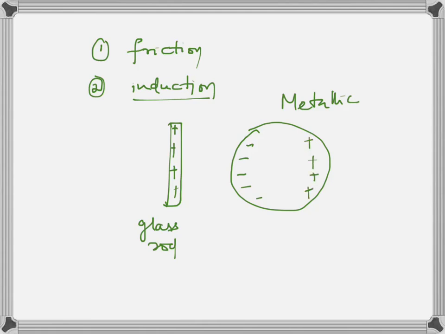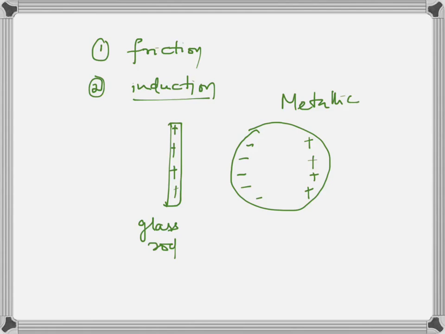So there is a forcible separation of charges in a metal when you bring a charged glass rod near the metal. Why is this separation happening? Because the electrons in the metal get attracted towards the positive charge on the glass rod. They come nearer, and the side which has fewer electrons is deficient in electrons. There is a positive charge there. The positive charge is that of the nucleus.